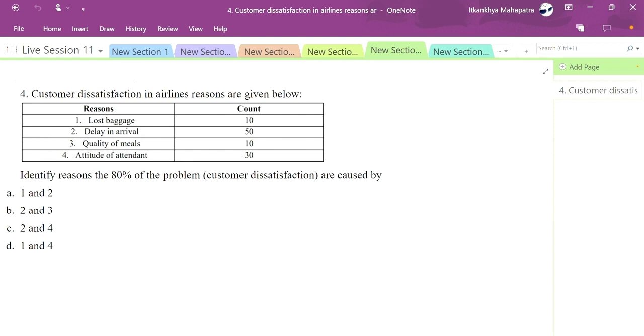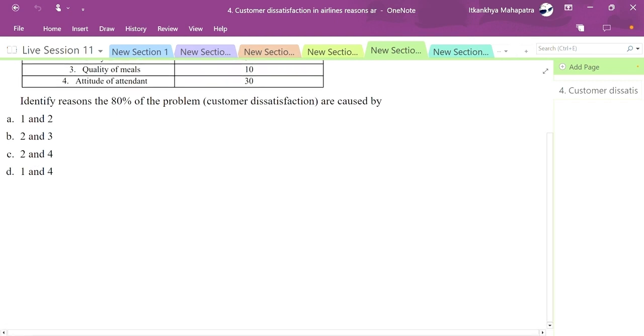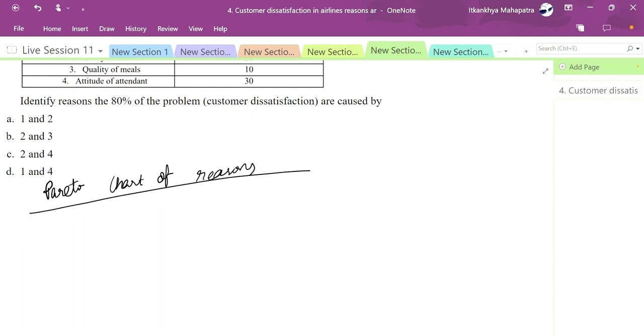The Pareto chart consists of the count of customer dissatisfaction and the percentage on the y-axis, and the x-axis consists of the customer dissatisfaction reasons.